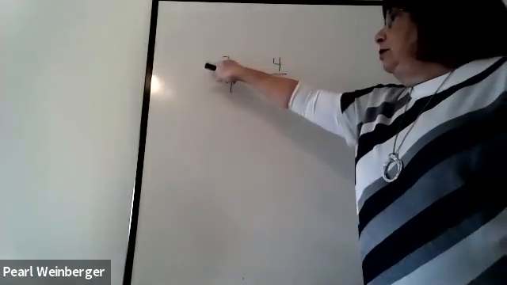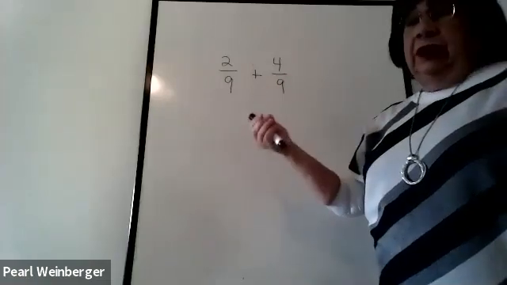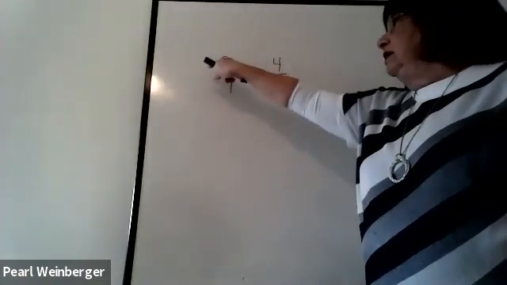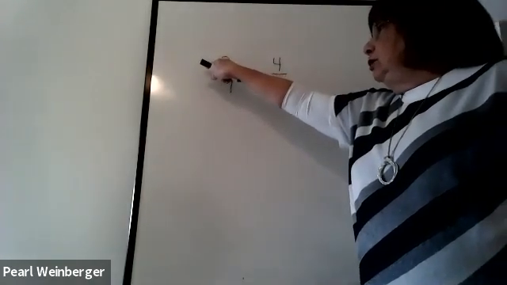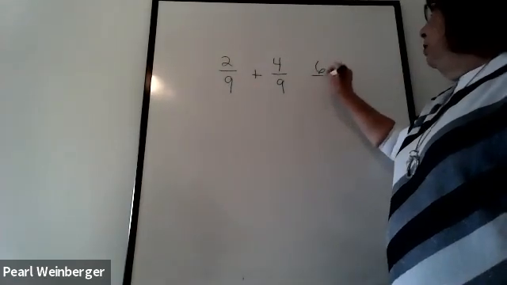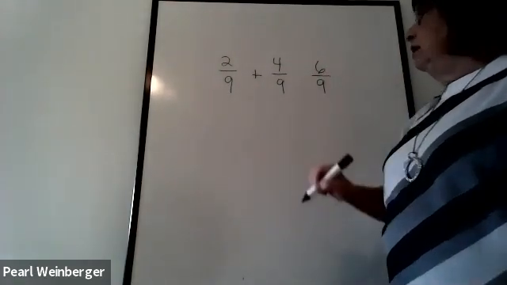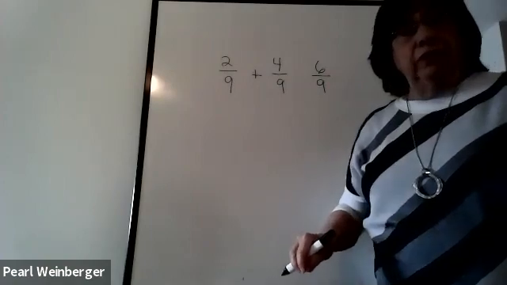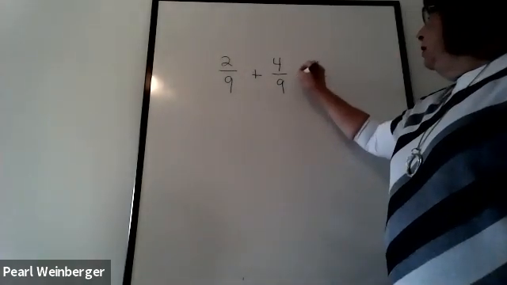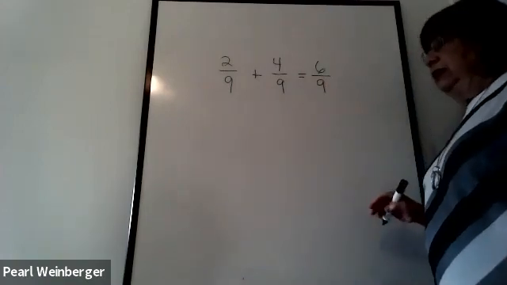And then you add or subtract your numerators depending on whether the operation says plus or minus. In this case, it says plus. So I add the 2 plus 4, which gives me 6. And I put my answer over the common denominator. So the answer becomes 6/9.